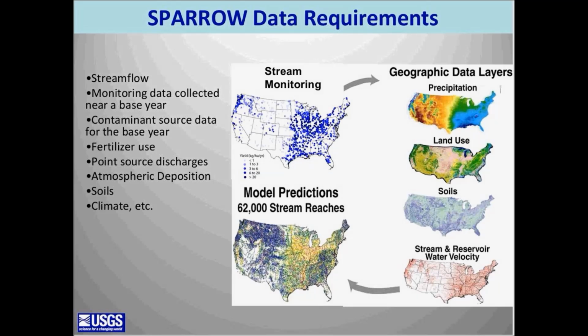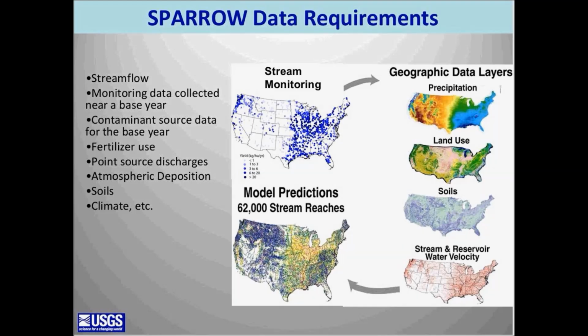SPARROW itself runs in the SAS programming language. What you start with: in the national model they had 62,000 stream reaches. We are now using a more dense network of stream reaches based on the NHD Plus network. For California, we have 134,000 or 136,000 stream reaches that would be either calibrated or predicted for the entire state.